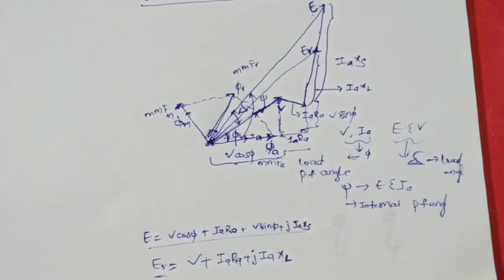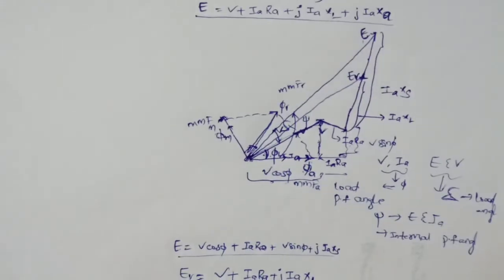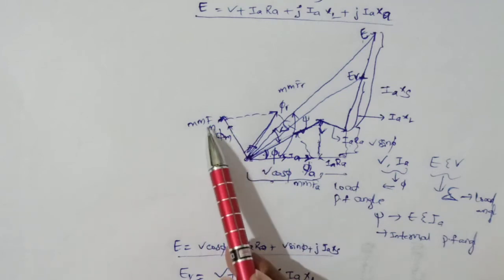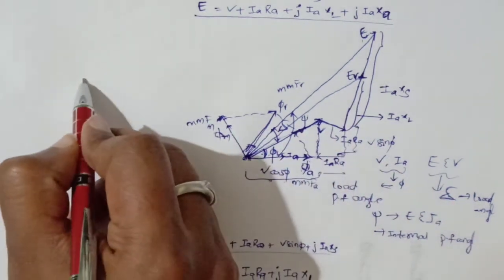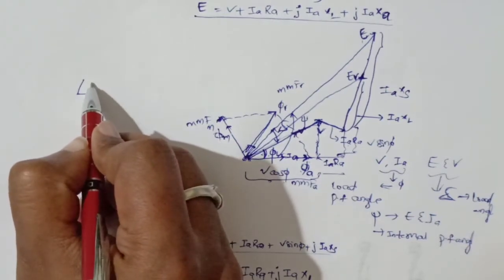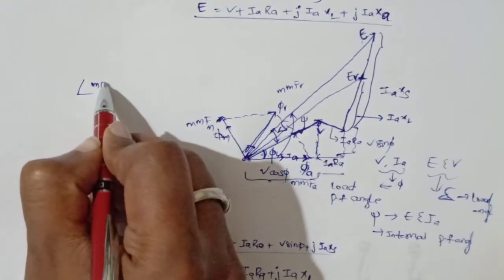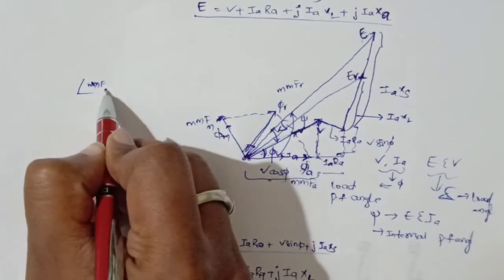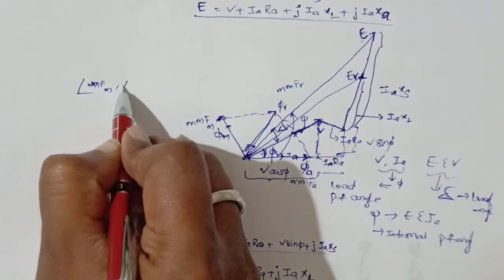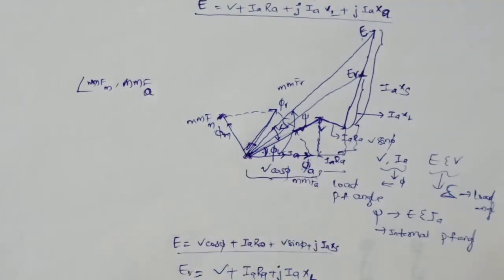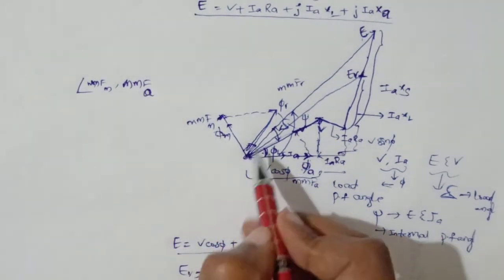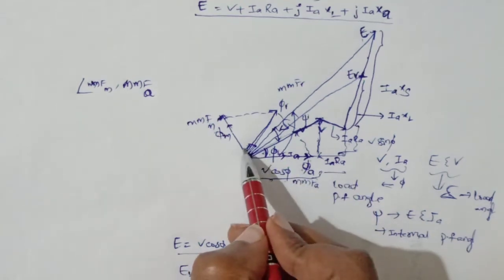Now, a very important thing is the conclusions. If I ask you what is the angle between the main field MMF and the armature field MMF, just see the diagram.